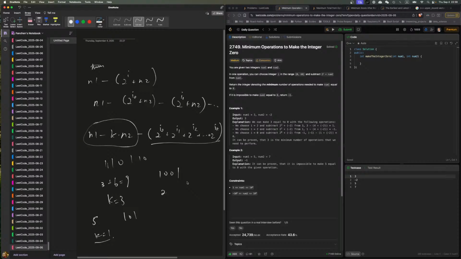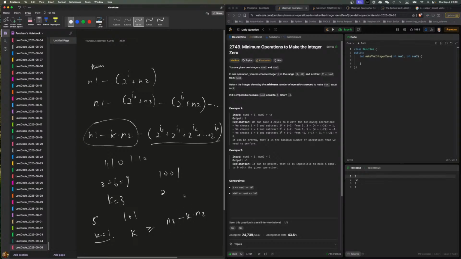I'm trying just to see, is it possible? As long as k is larger or equal to n1 minus k times n2, we can always find a way to form this.